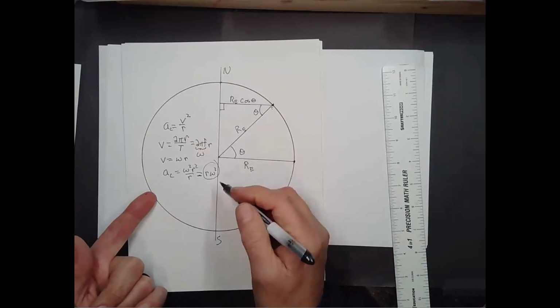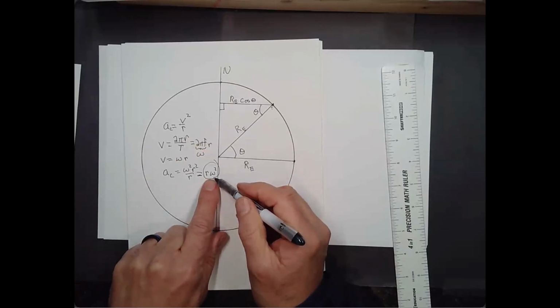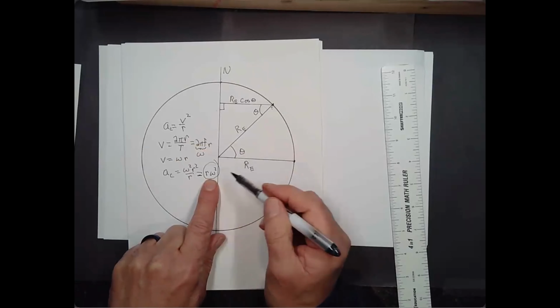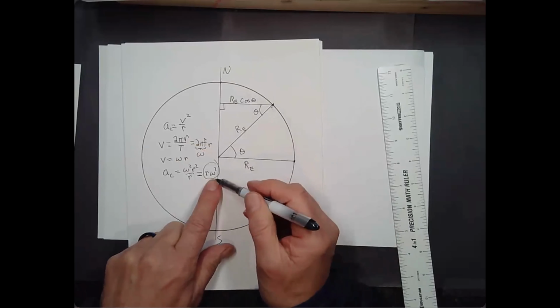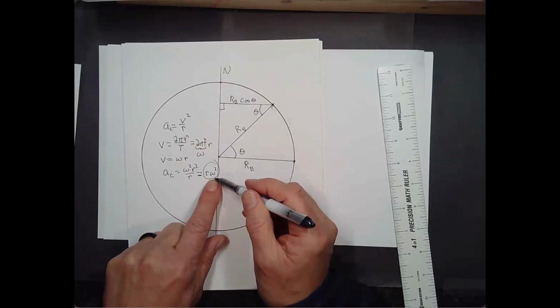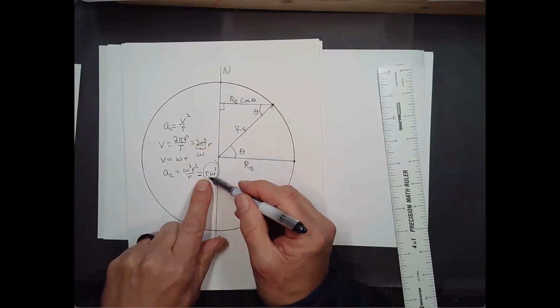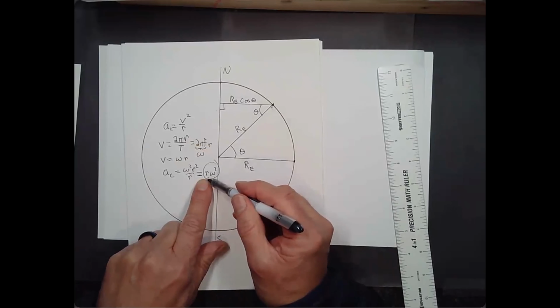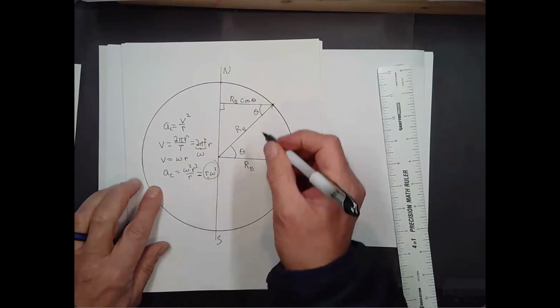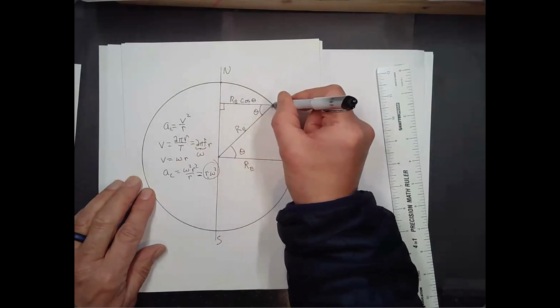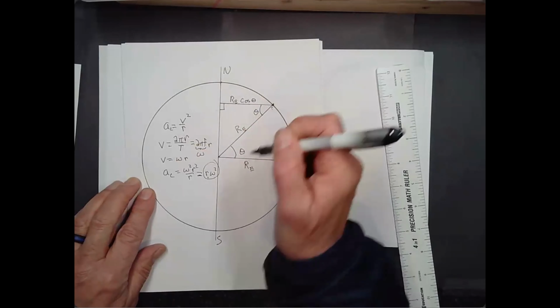And every point on Earth is going to have the same value of omega. So if we look at different latitudes, everybody's going to have the same value of omega, but they'll have a different radius for the path they're traveling. And in fact, the radius of the path they're traveling is what we figured out up here.